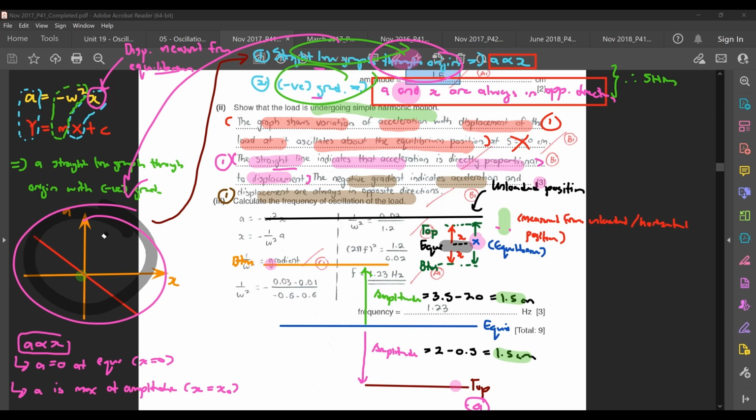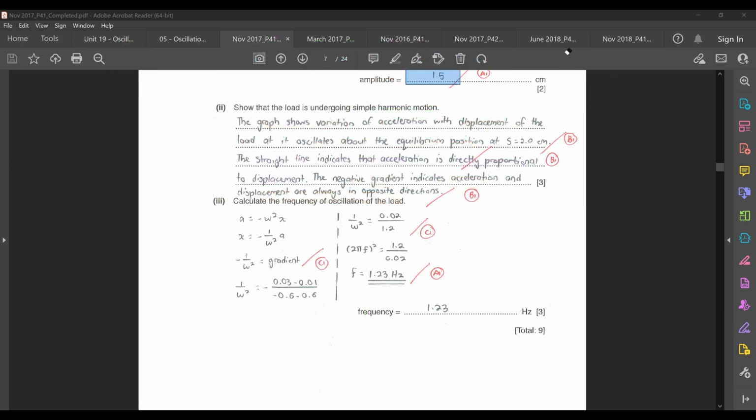Okay. Now, for the last part here, you are supposed to calculate out the frequency of oscillation of the load. Okay, so the one that I showed you here, this one is probably not a really good working to follow. There's actually an easier one to use. If you remember just now I told you, simple harmonic motion is always defined by this equation.